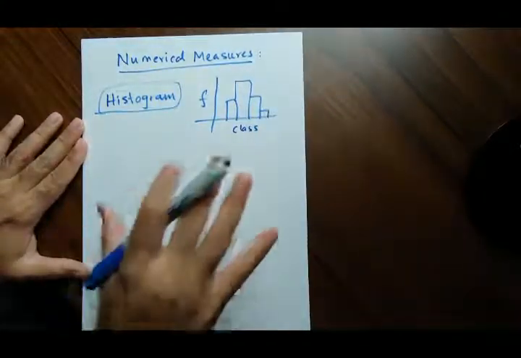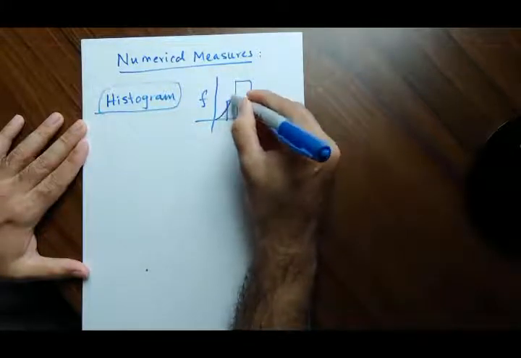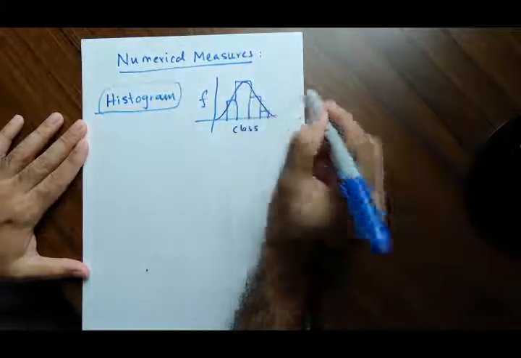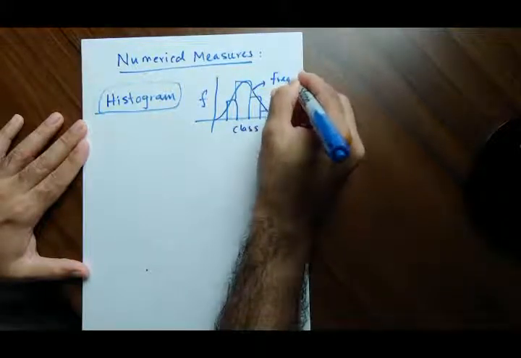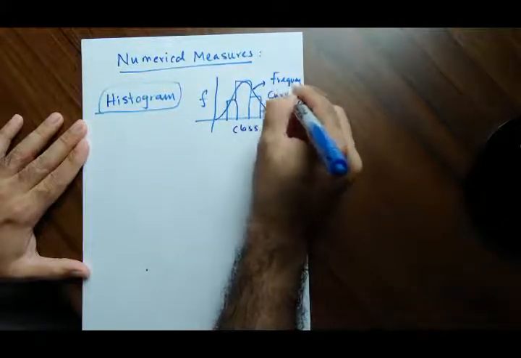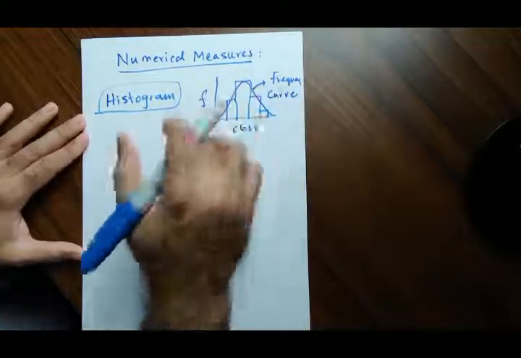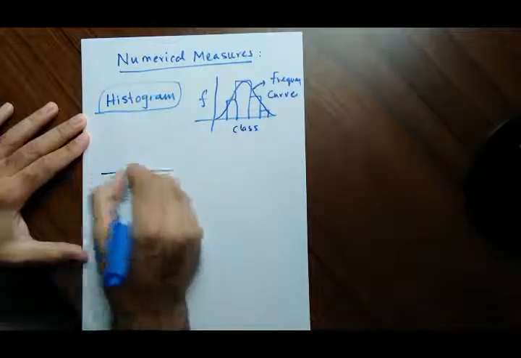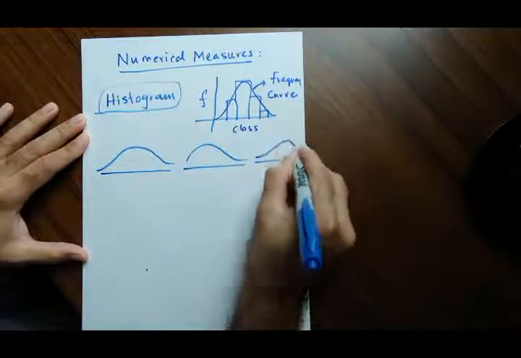Now there are certain rules we follow for the histogram. There is a reason for that. So if I join these midpoints of the histogram, we get what we call the frequency curve. This frequency curve actually gives you the shape. So there are three different possible shapes that we can get from the histogram.